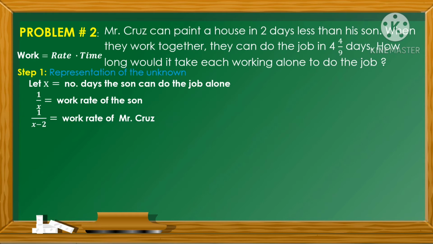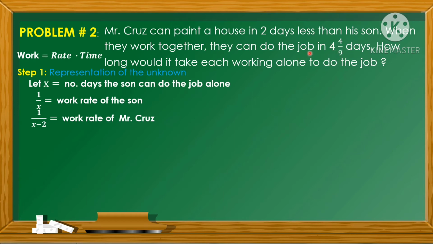Okay? So, kung yan ang pagbabasihan natin, ano ba yung part na nagawa? Paano ba i-compute yung work na nagawa ng kanyang anak? Okay? So, para makuha yon, i-multiply natin yung number of days doon sa rate nung anak. 1 over x times 40 over 9.